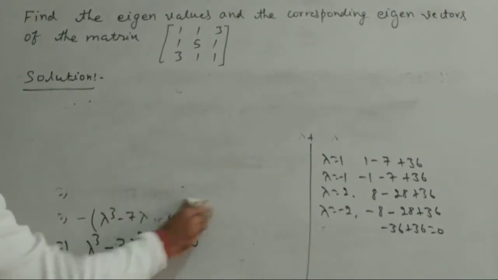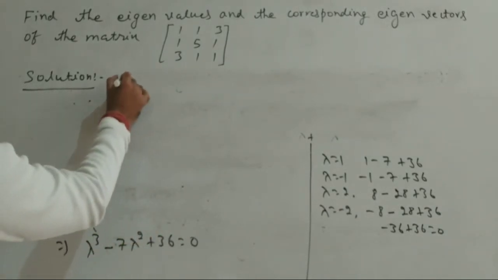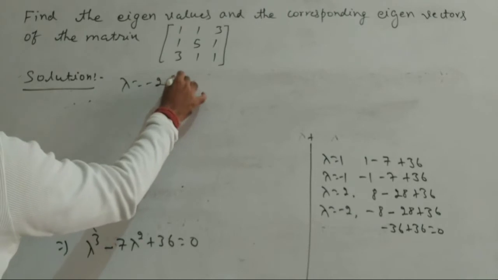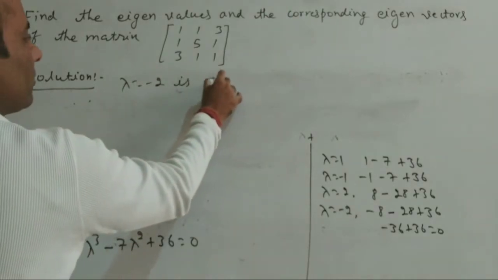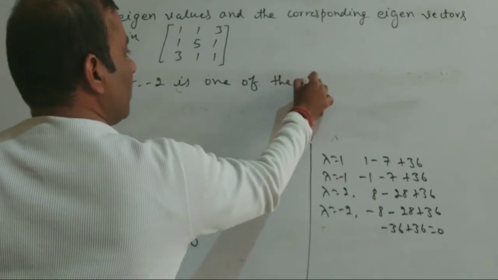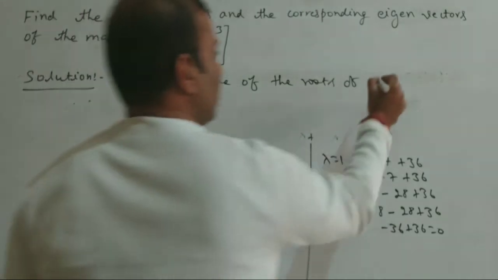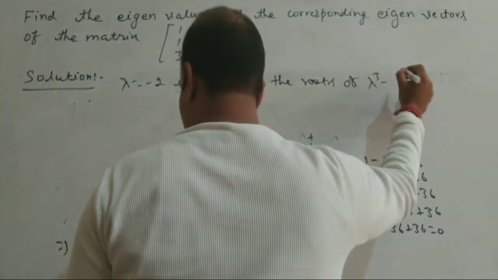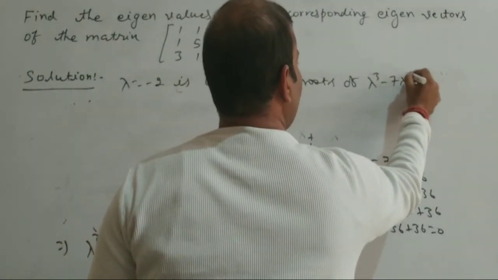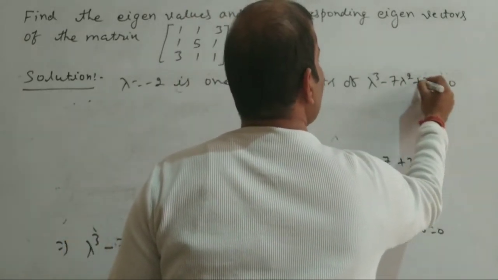Lambda equals minus 2 is one of the roots of this equation, that is the characteristic equation lambda cube minus 7 lambda square plus 36 equals 0.